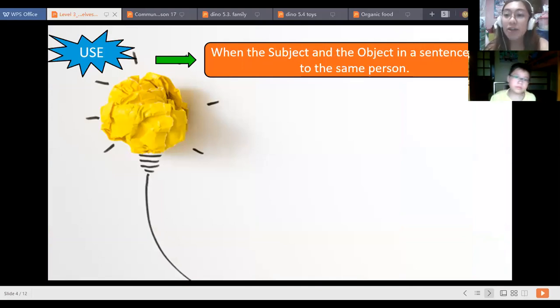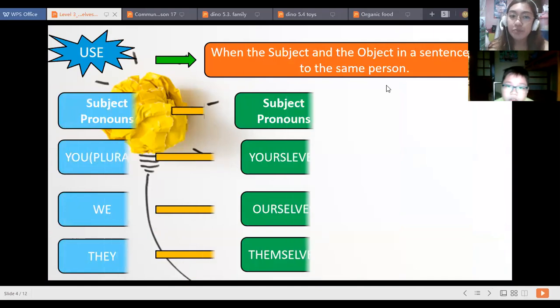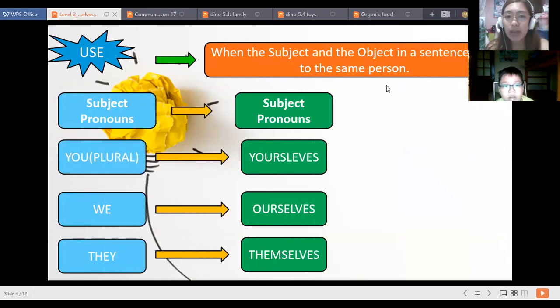The subject pronouns are you, the plural, yourselves; we, ourselves; they, themselves.